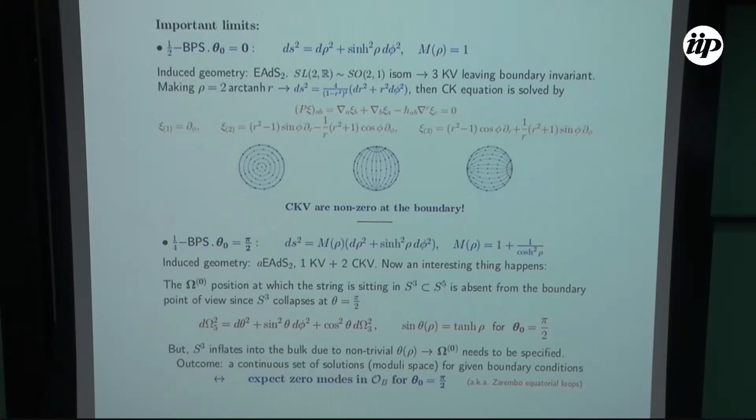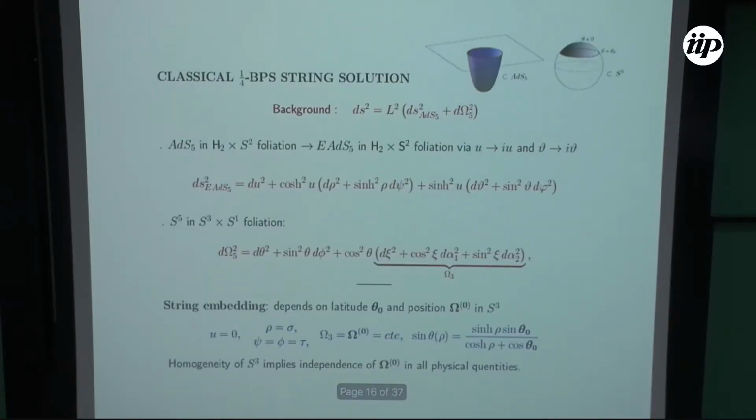And there's another particular situation, which I will not be discussing, but Kostya possibly tomorrow will be talking about, which is theta 0 when we place the string such that this theta is on the equator of the surface or on the internal sphere.